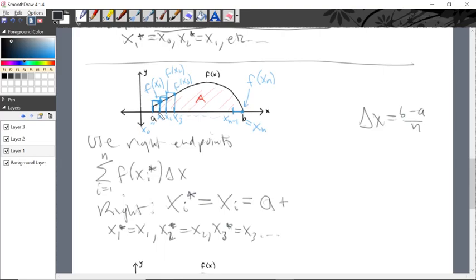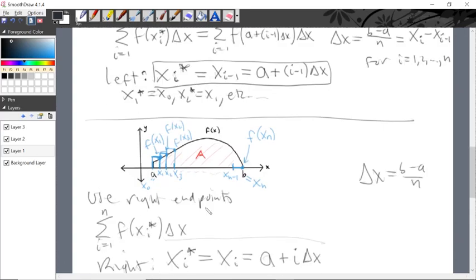Well, by the time we choose the second x star value, that is x2 star, we expect to be right here at x2. That can be found by adding to a the width of two rectangles. So the subscript i is telling us how many delta x's we would want to add to the left edge of our closed interval a.